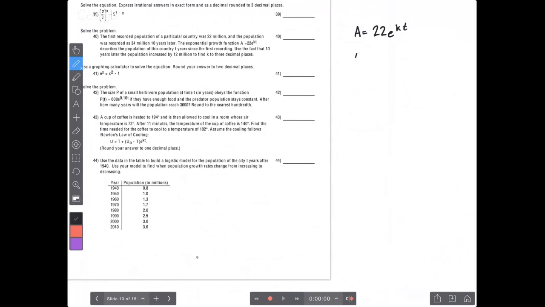So at t equals 0, a equaled 22 million. Yep, we can see that in the function. Cool. So we got 0, 22. That makes sense. And we also know that 10 years later, we should get 10.